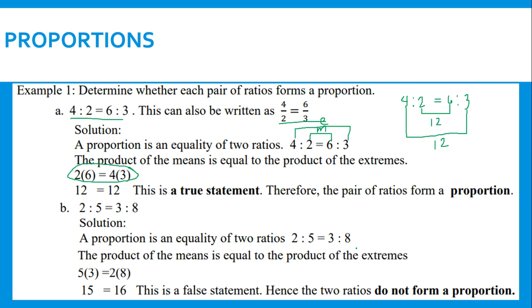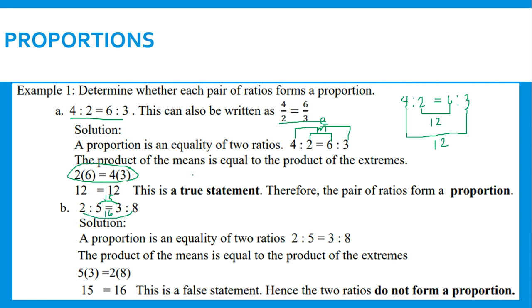The product of the means is equal to the product of the extremes. But unfortunately, this is a false statement. If you multiply 5 and 3, which are the means, that equals 15. If you multiply 2 and 8, which are the extremes, that equals 16.